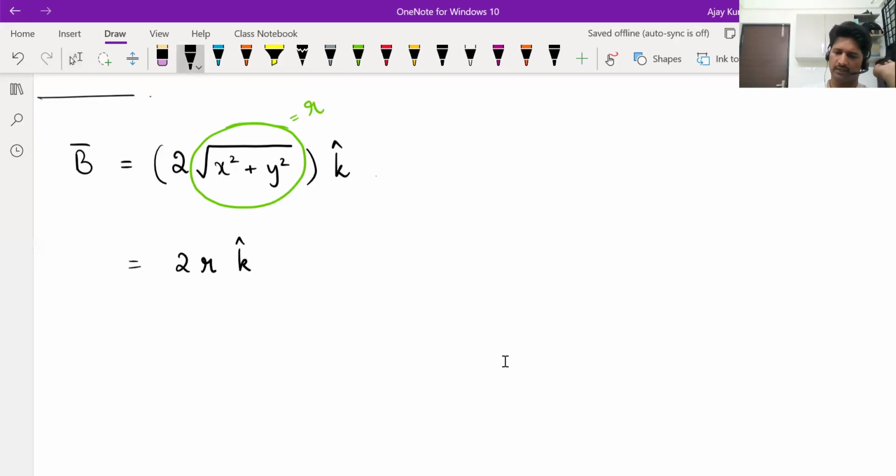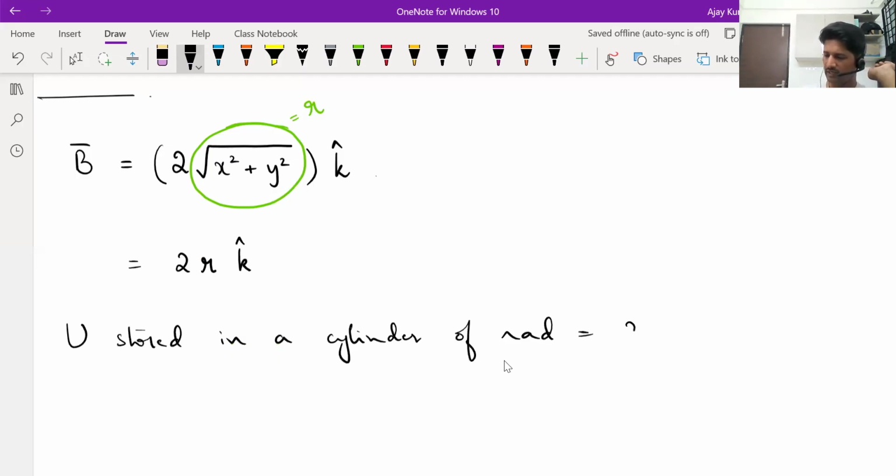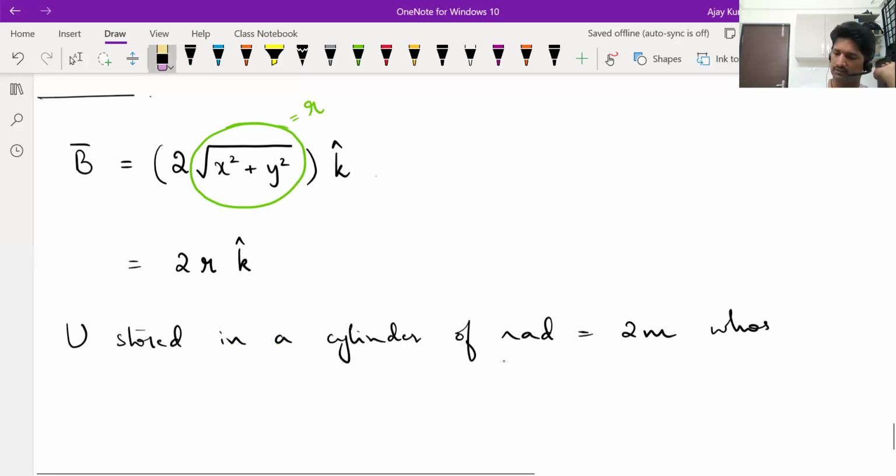Now I want you all to find out, due to this magnetic field, what is the energy? U stands for energy. Energy stored in a cylinder of radius, let's say 2 meters, and length. Length also should be given because we need to know the volume.